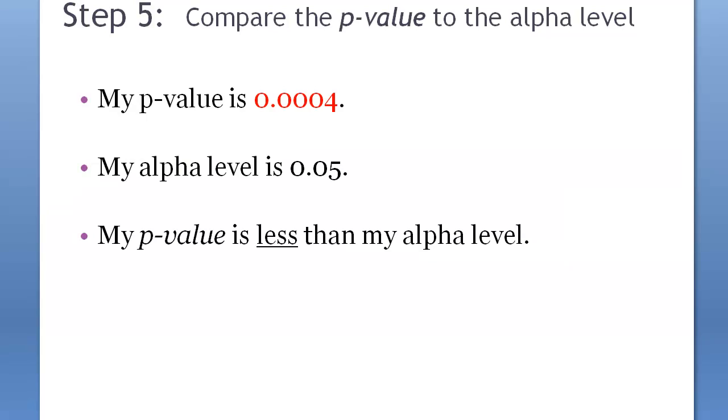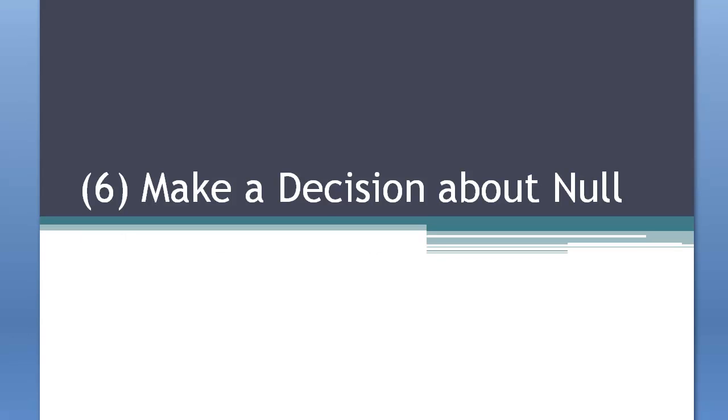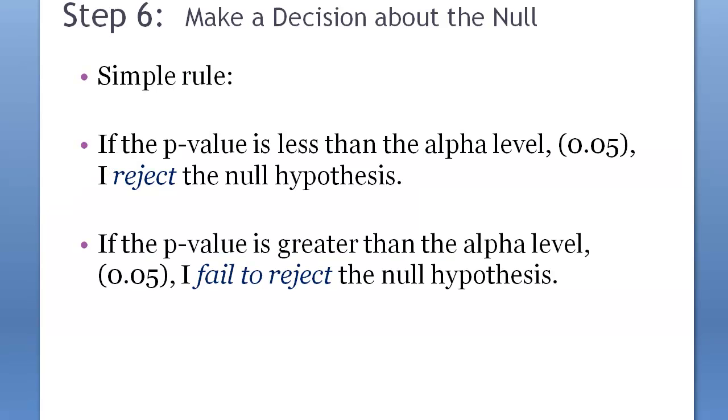And my p-value is 0.0004, and my p-value is less than my alpha level. And finally, step 6, make a decision about the null hypothesis. Okay, so if the p-value is less than the alpha level, reject the null hypothesis.